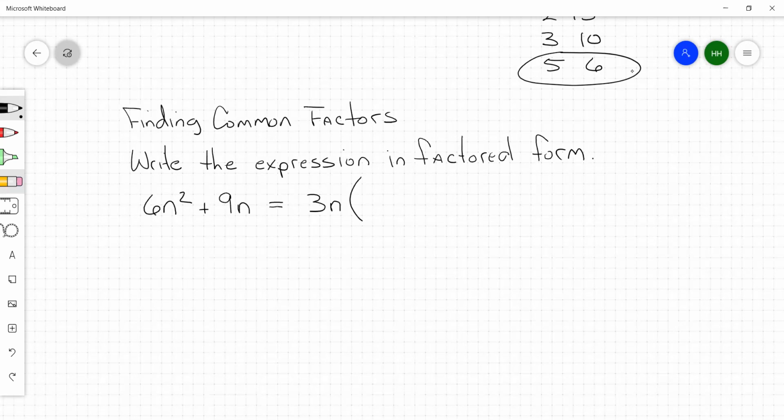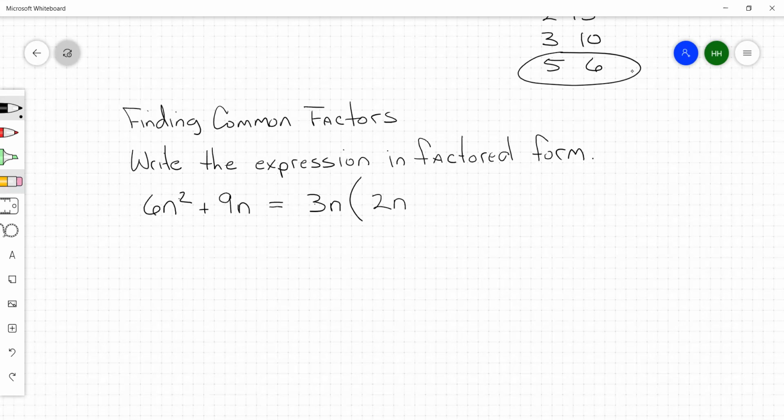Now we need what goes in the parentheses. So if you take 6n squared and you divide it by 3n, it gives you the first term inside the parentheses. So 6 divided by 3 is 2, and n squared divided by n is n.